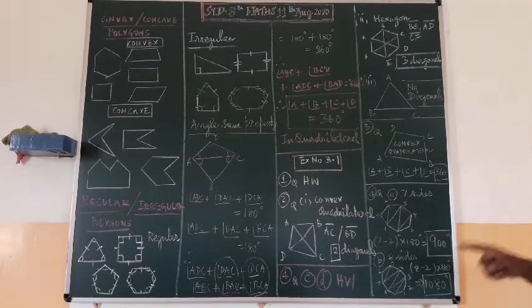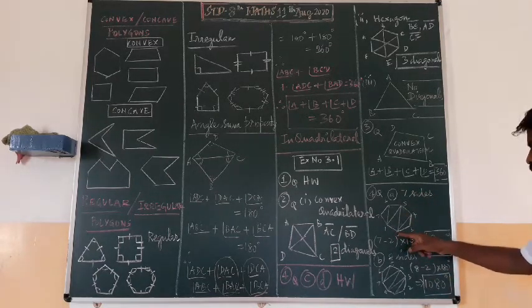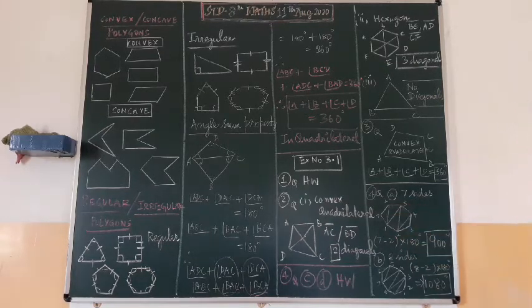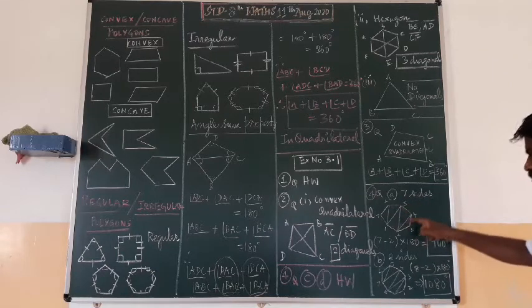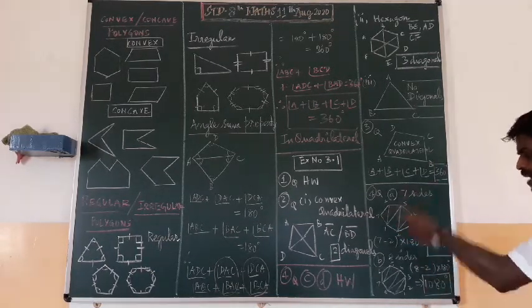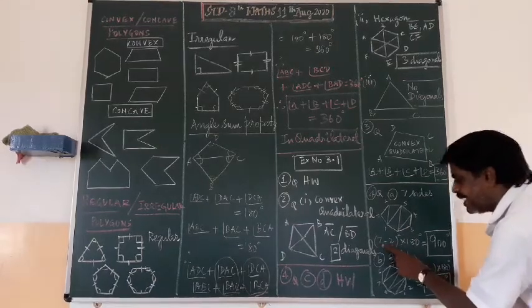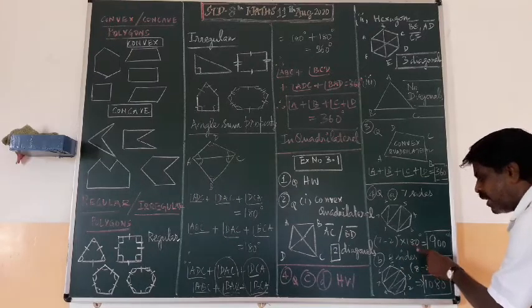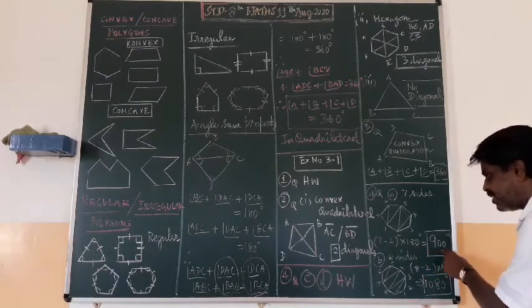They are asking, if there is a 7-sided polygon, what is the sum of the inside angles? So I have drawn 7 sides: 1 to 2, 2 to 3, 3 to 4, 4 to 5, 5 to 6, 6 to 7. Then I am joining here. So how many triangles am I getting? 1, 2, 3, 4, 5. By formula, 7 sides minus 2, into 180 degrees.